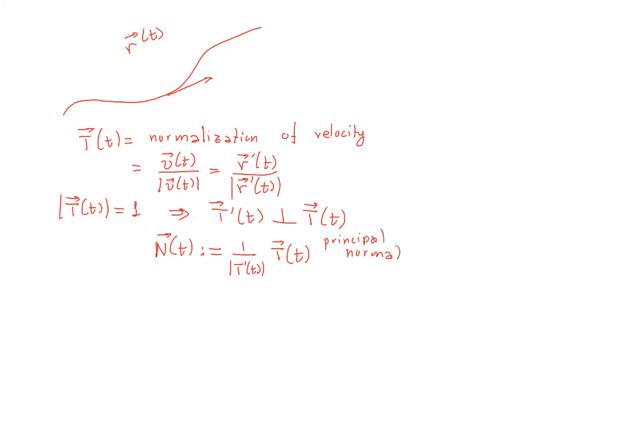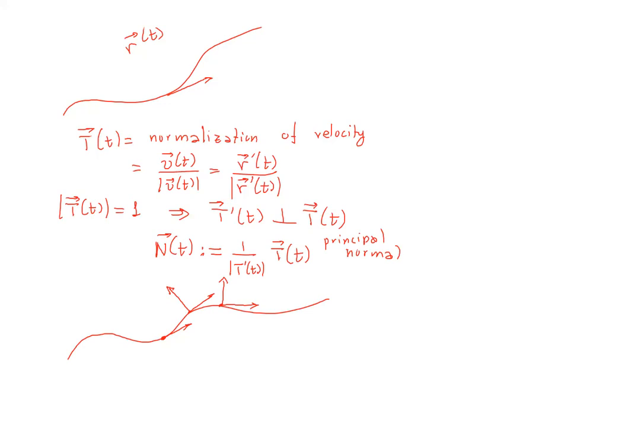So think about it this way: here you have your motion. At every point, you have the unit tangent, and then you find a vector which is perpendicular to that unit tangent, and it varies nicely, remaining perpendicular to T as you go from point to point.